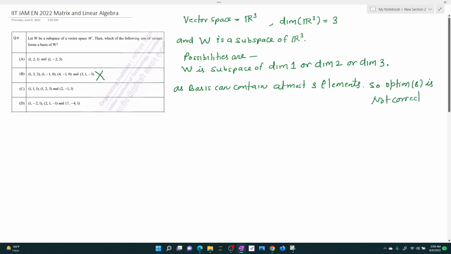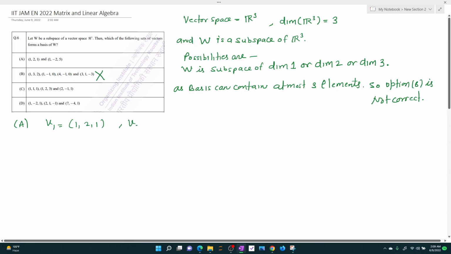So now let me check option A. I will only check whether the given set of elements, 1 2 1 and 1 minus 2 5, are linearly independent or not. So our vector v1 here is nothing but 1 2 1, and vector v2 is nothing but 1 minus 2 5, right?